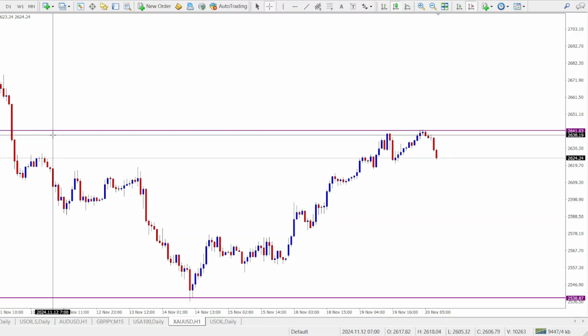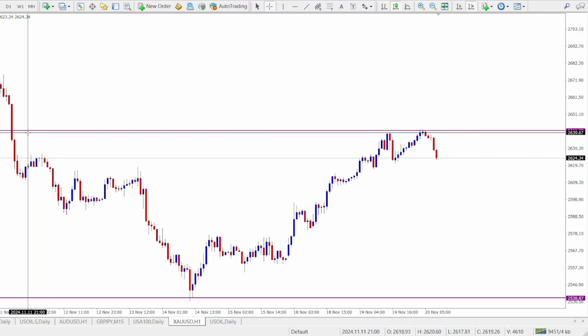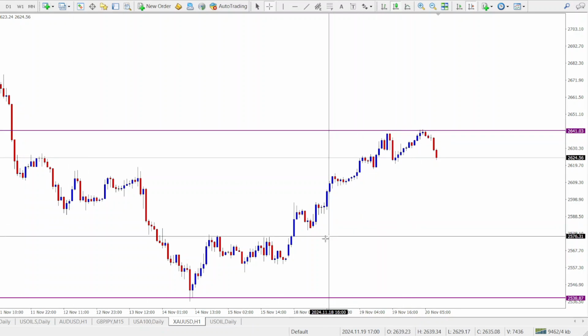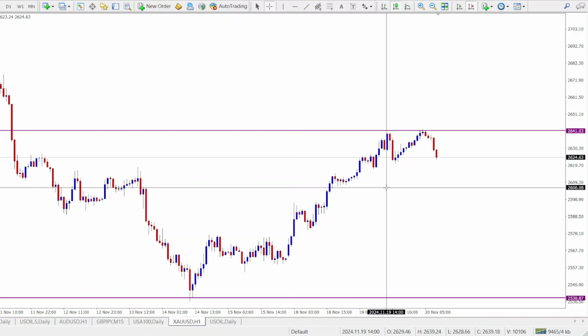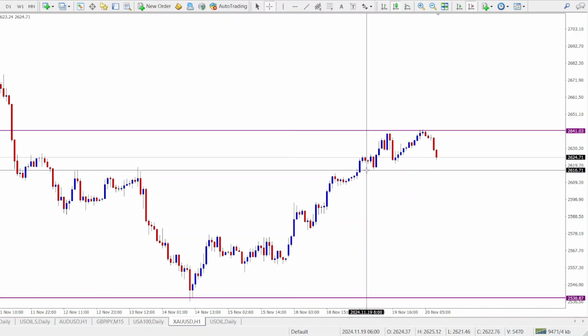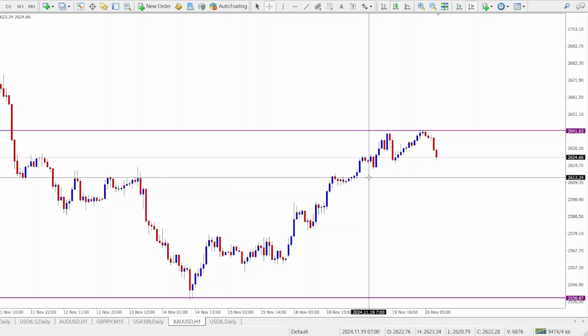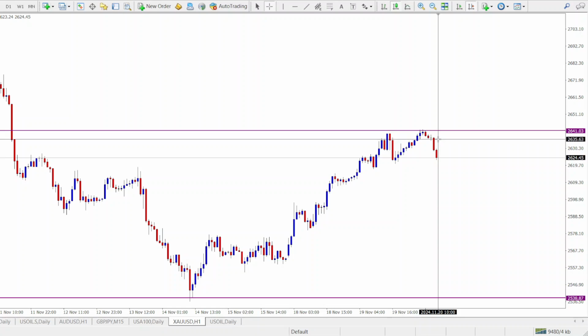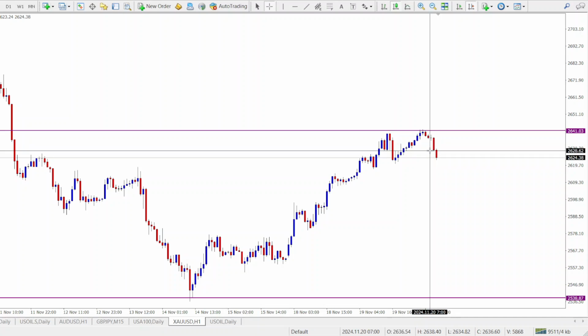Within the past week, we've had gold trading between here and here. So you can create a grid with intervals, probably every 20 pips, every 30 pips, every 50 pips, depending on the time frame you are trading on.